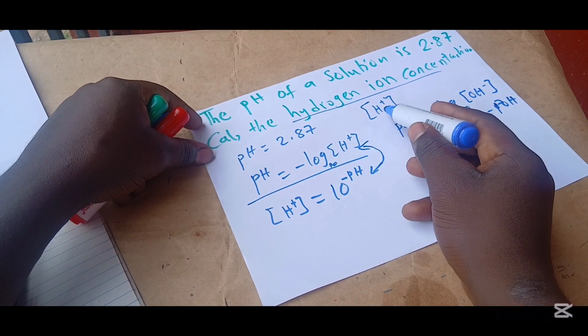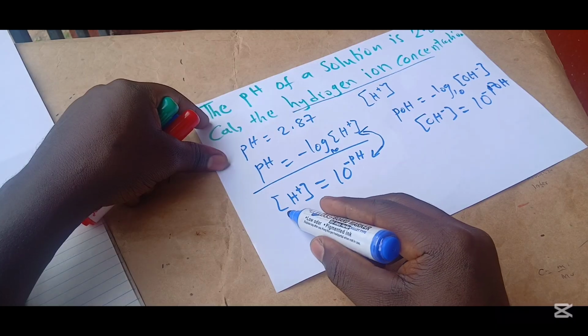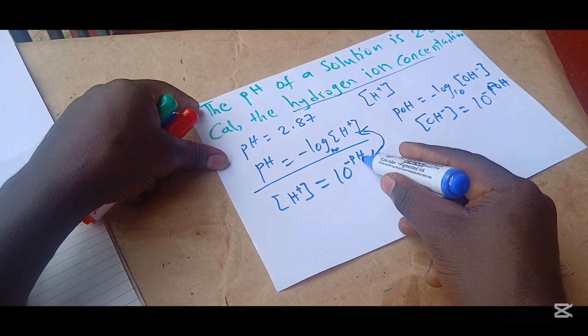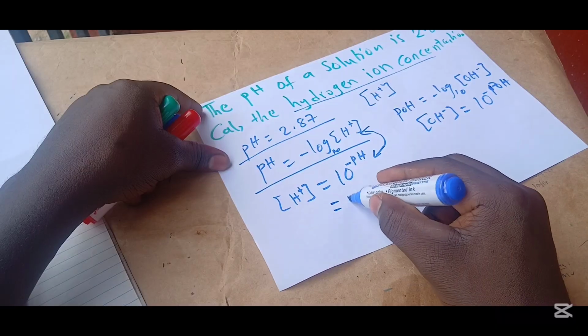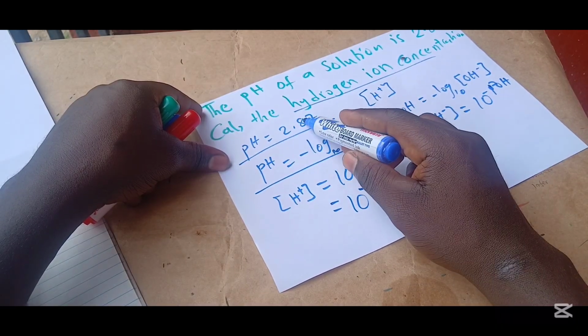So now we have to calculate for the hydrogen ion concentration, and the hydrogen ion concentration equals 10 to the power negative pH. But we've been given the value for the pH, so just go ahead, 10 to the power negative 2.87.